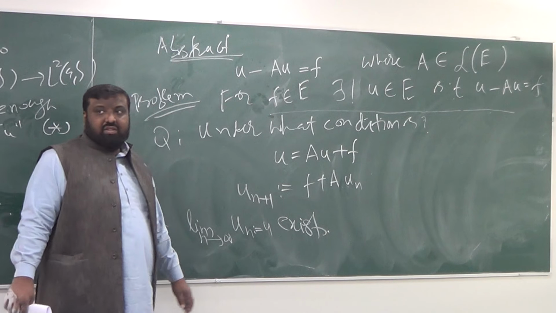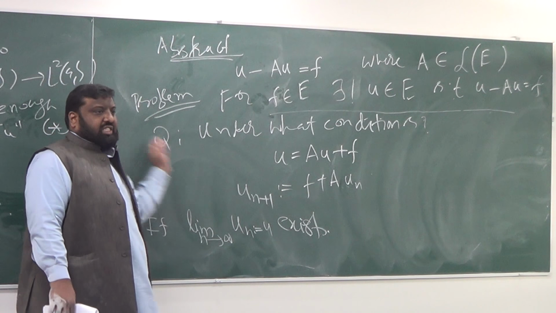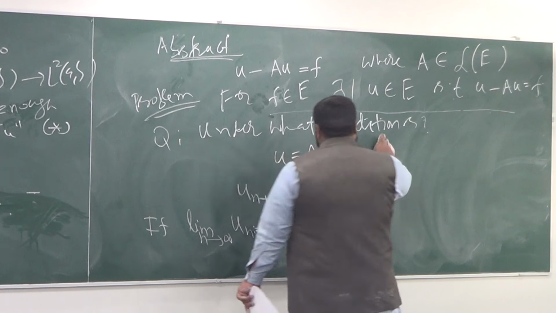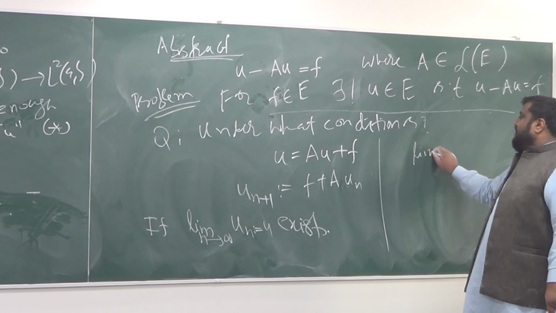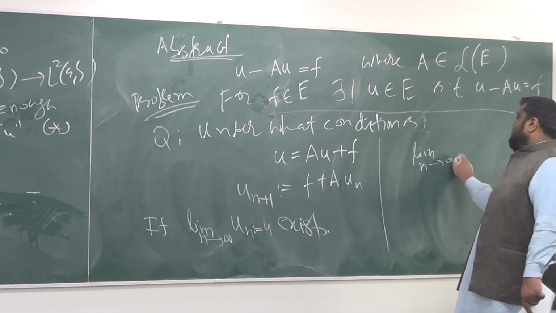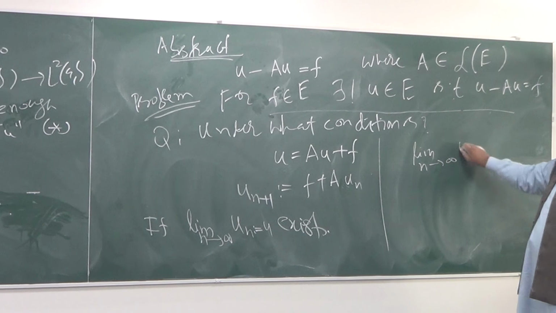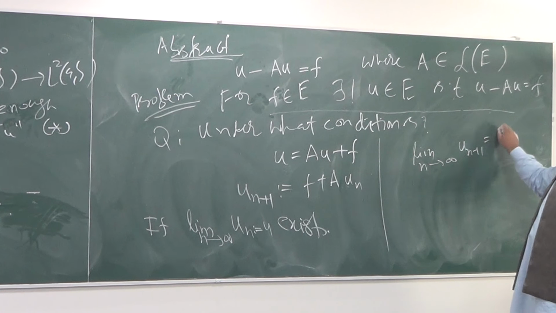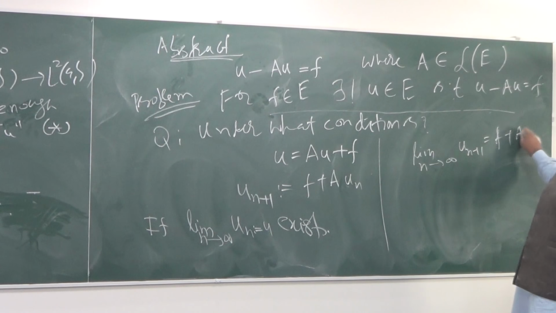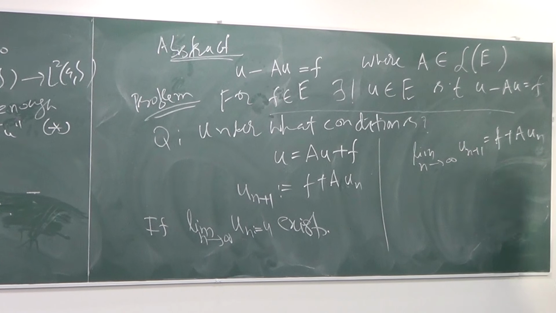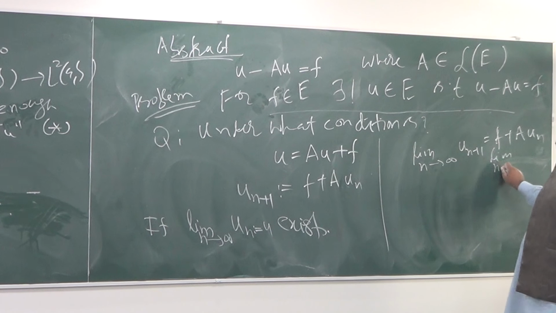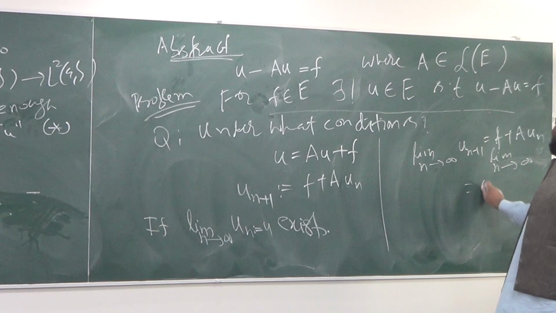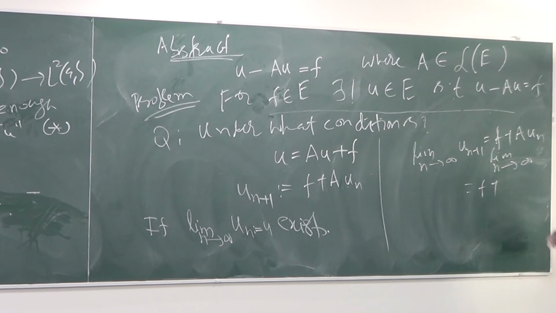What are you going to do? Just take the limit on both sides. If this exists, then by taking the limit on both sides, what are you going to get? The limit as n goes to infinity of u_{n+1} is f plus A u_n.